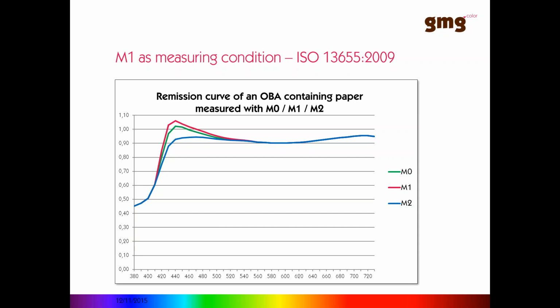And then we see for M1 we have the highest excitation of the optical brighteners. So as a rule of thumb, you could say that the excitation of OBAs for M0 is roundabout 70% of the M1 mode.